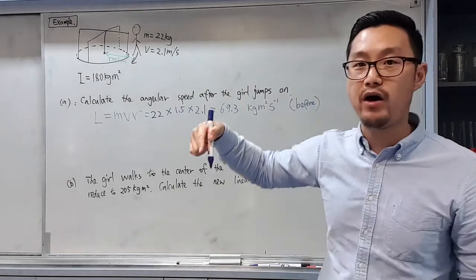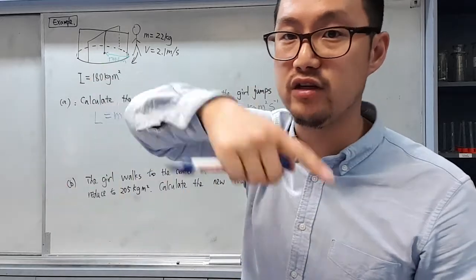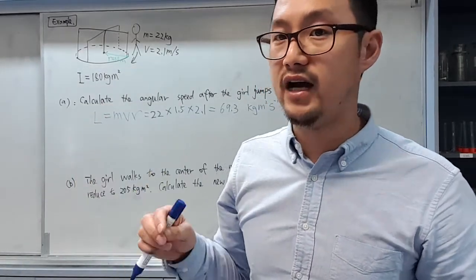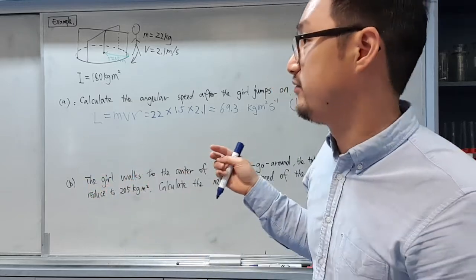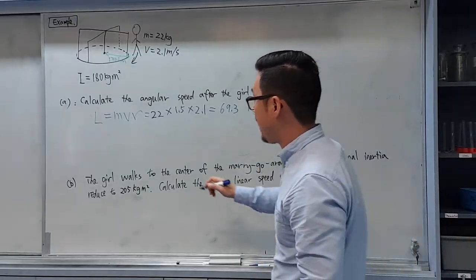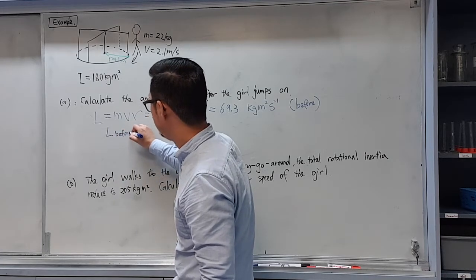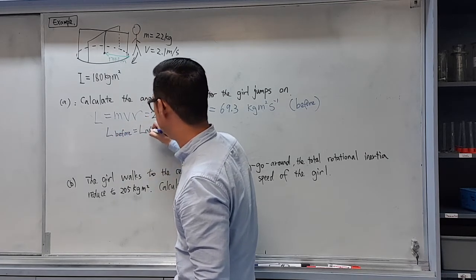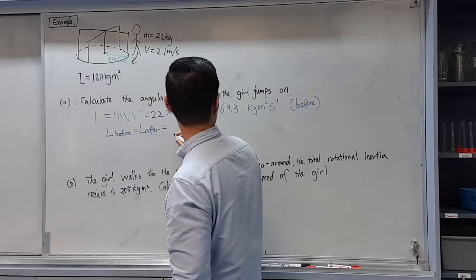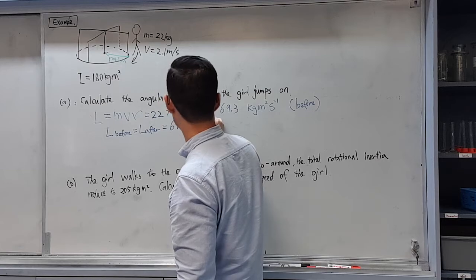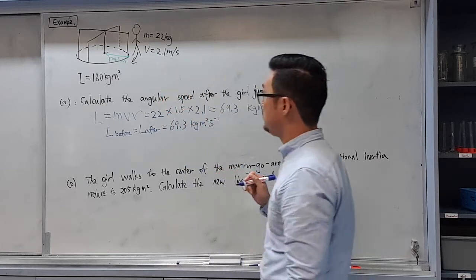After the girl jumps on, because this thing is on a wheel, it's going to rotate. Let's assume it's rotating freely, and we're going to find the speed afterwards. L before equals L after, which equals the girl's 69.3 kg meter squared per second.